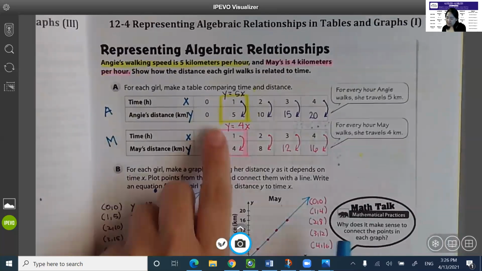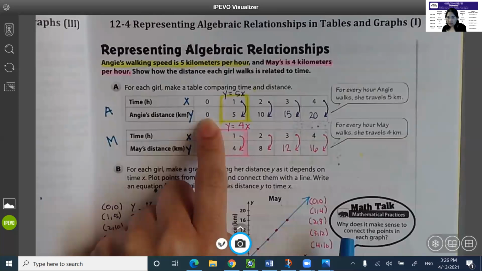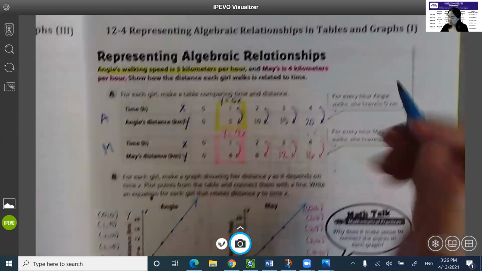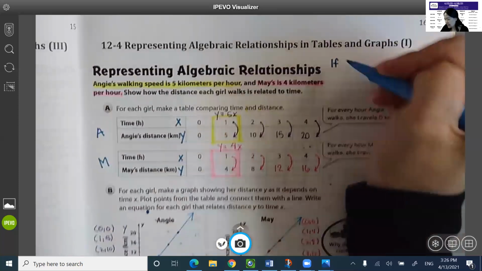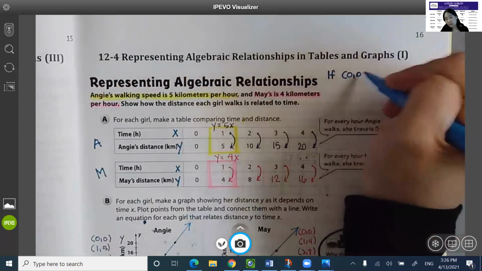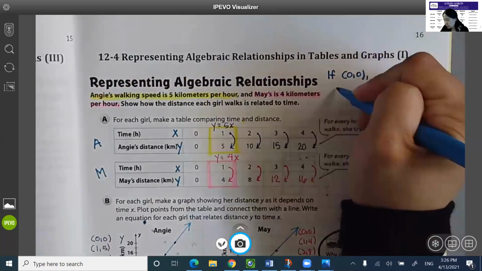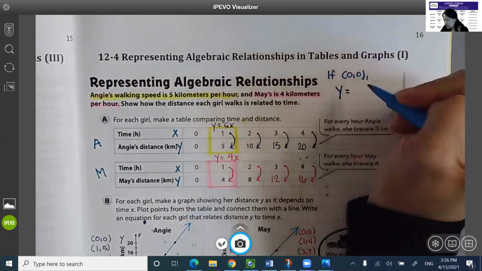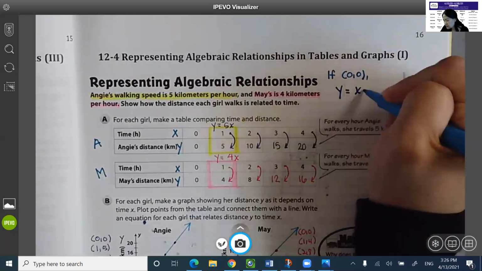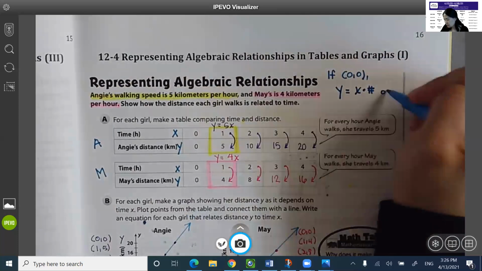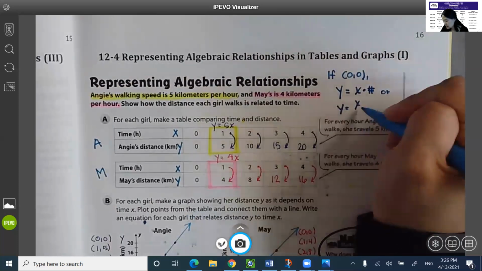If your x and y values are 0, 0, then it'll be y equals x times a number, or y equals x divided by a number.